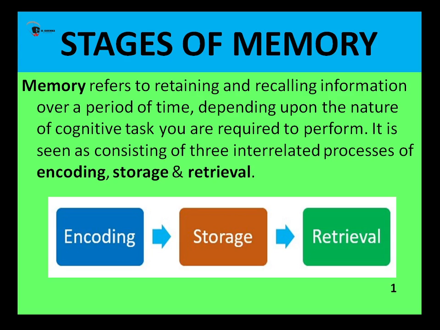So now coming to, of course, the very first stage, which is encoding, as we've already discussed, when new information comes in, it has to go through these three very important interrelated stages. Encoding is the first stage, and here the information is getting recorded and registered.